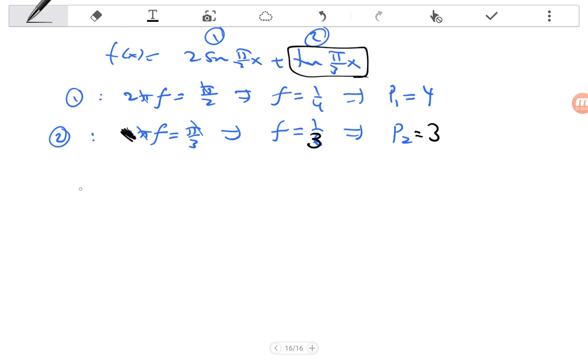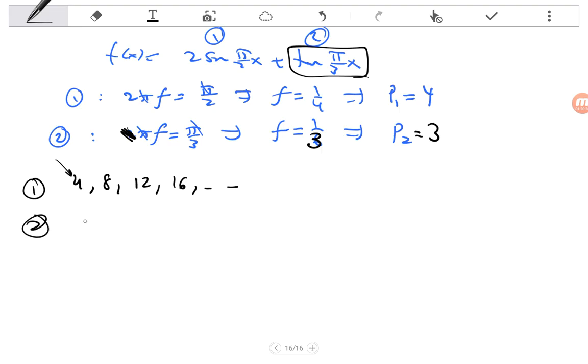Now let's add up these two to find the LCM. For the first, we have 4. It repeats itself every 4 or every 8 or every 12 or every 16 and so on. I just take integer multiples of that main period, which is 4.